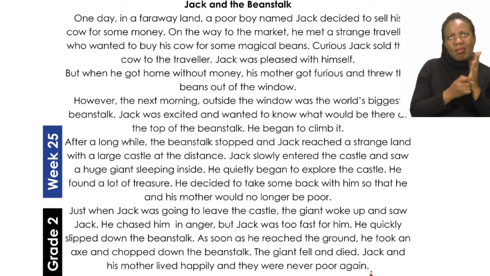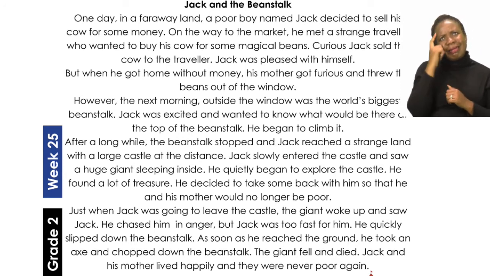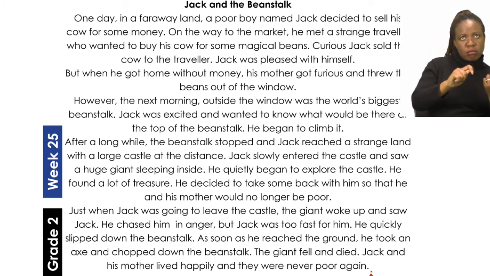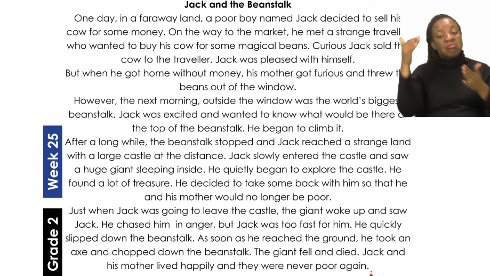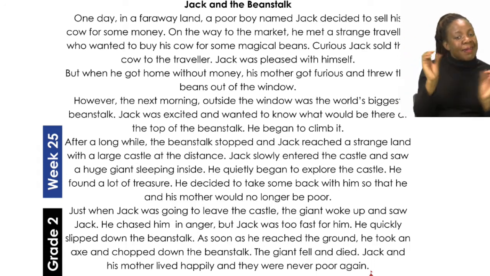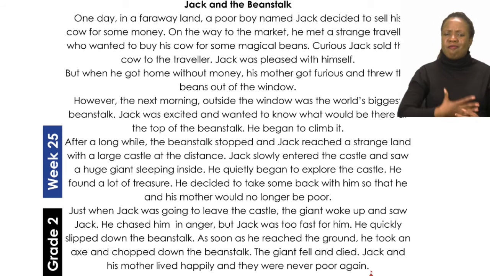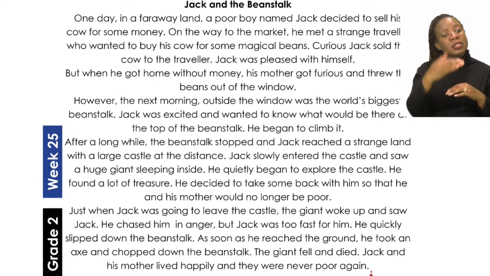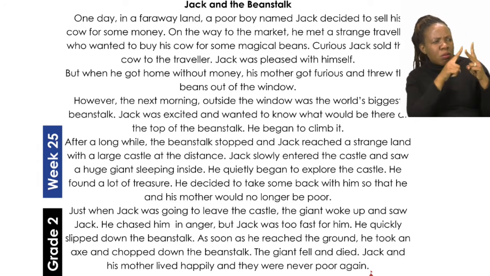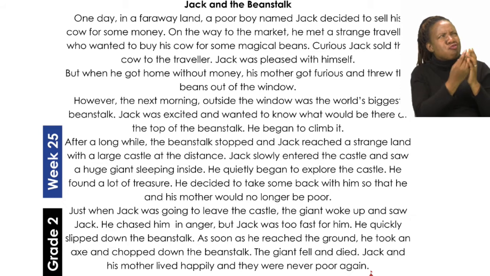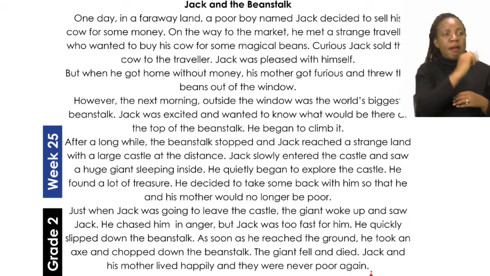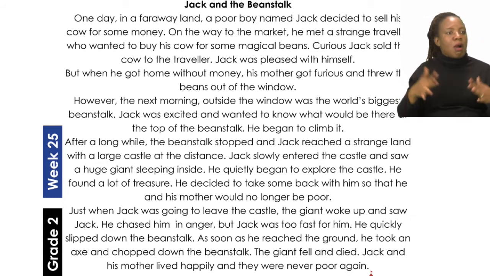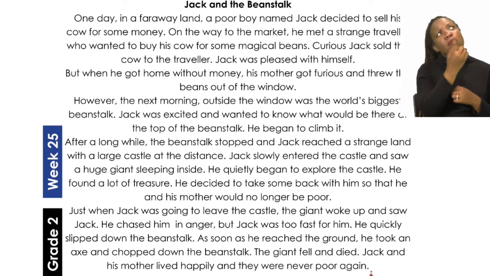Jack was pleased with himself. But when he got home without money, his mother got furious and threw the beans out of the window. However, the next morning, outside the window was the world's biggest beanstalk. Jack was excited and wanted to know what would be there at the top of the beanstalk. He began to climb it.